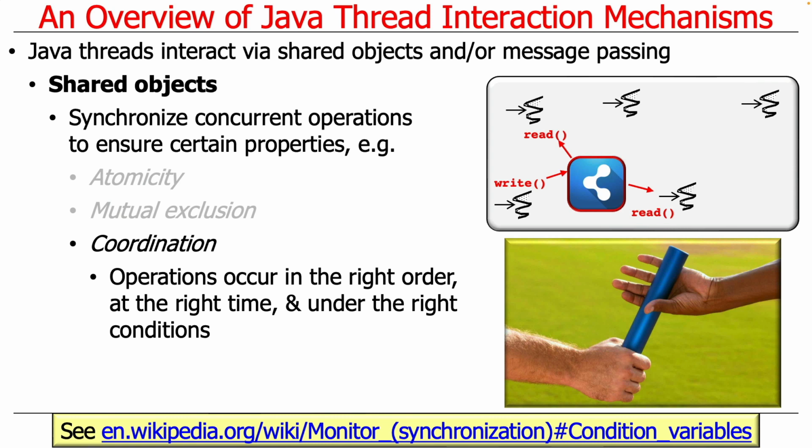For example, if you've got multiple threads coordinating through a bounded buffer, some kind of thread-safe message queue, and a thread comes to retrieve an element from the shared queue, if there's nothing in there, it's going to have to wait until the condition reaches what it needs, which is that there's something in the queue. Likewise, if a thread wants to put something into a queue and the queue is full, it likewise has to wait for the condition to be not full.